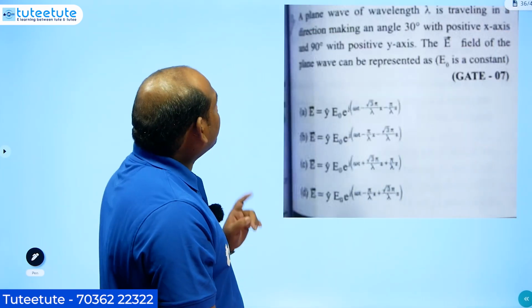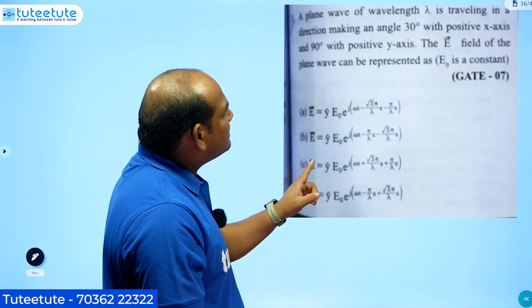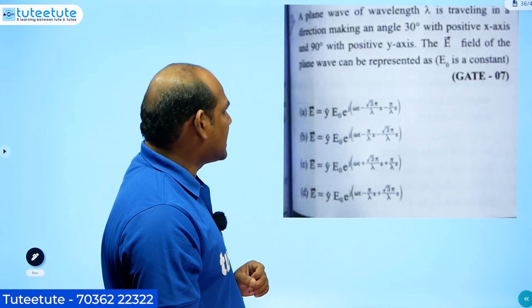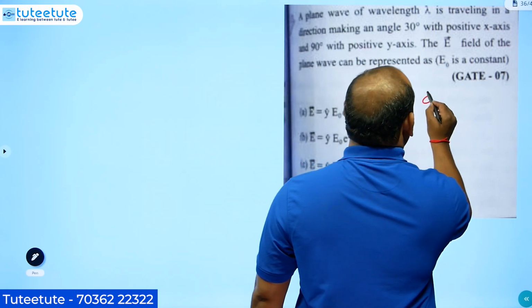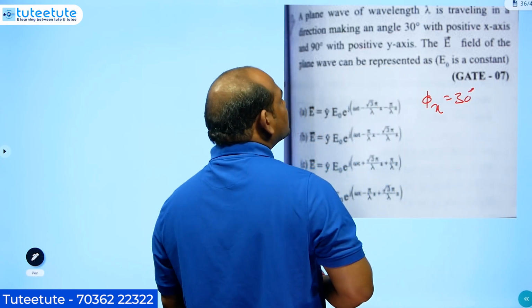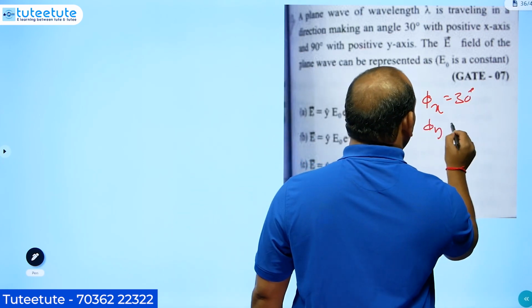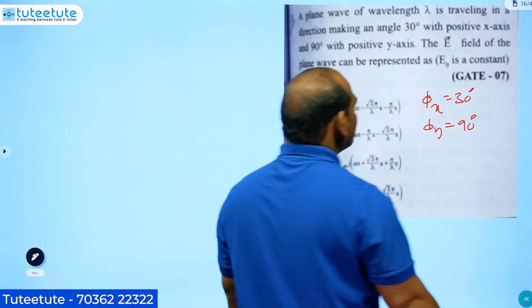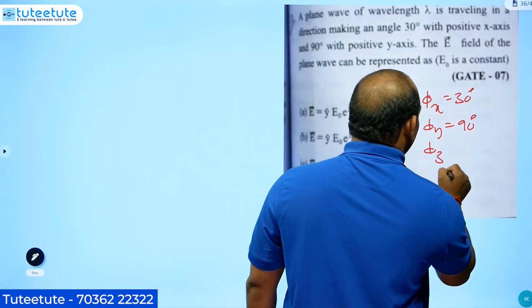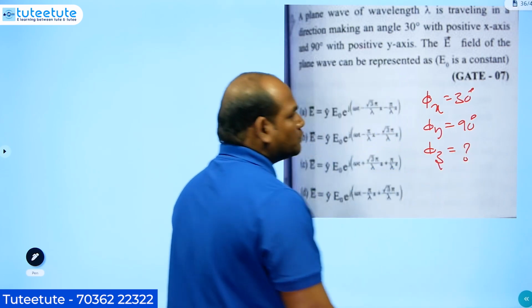Next question. A plane wave of wavelength lambda is traveling in a direction making an angle of 30 degrees with the positive x-axis, so phi x is equal to 30 degrees, and 90 degrees with the positive y-axis, phi y is equal to 90 degrees. They did not give the angle related to the z-axis, so this is what we don't know.